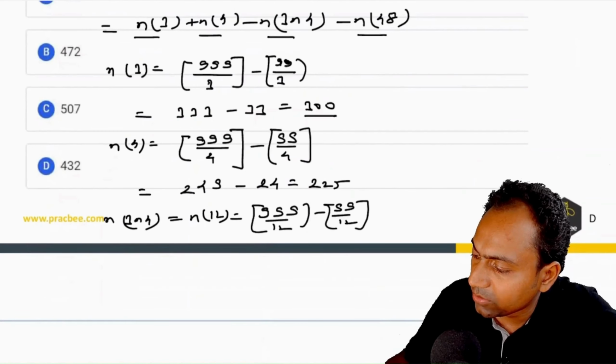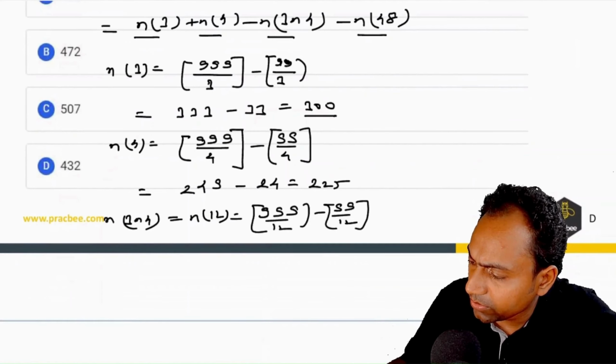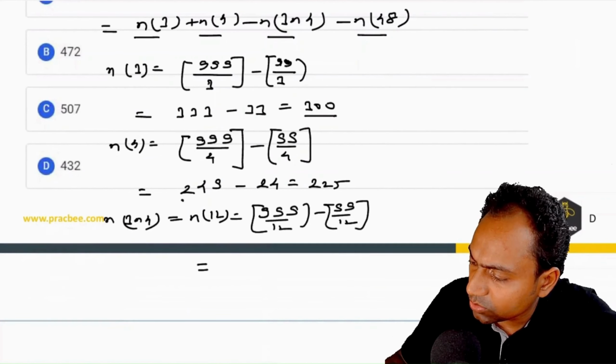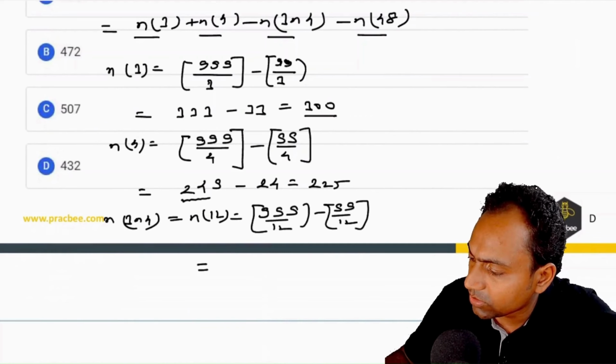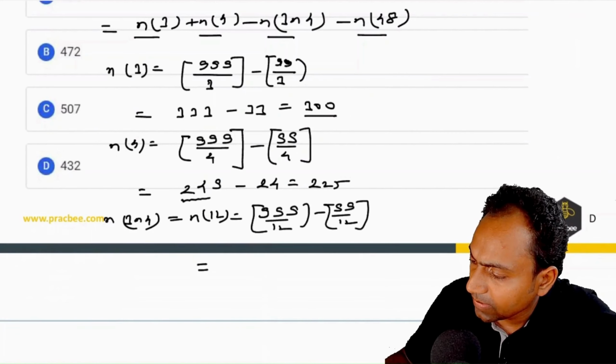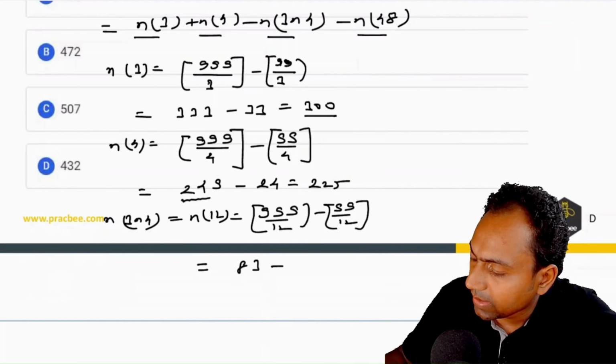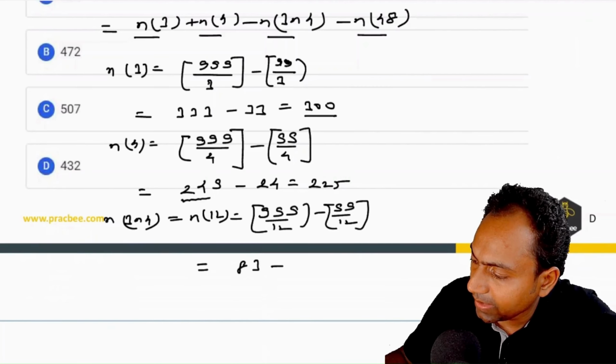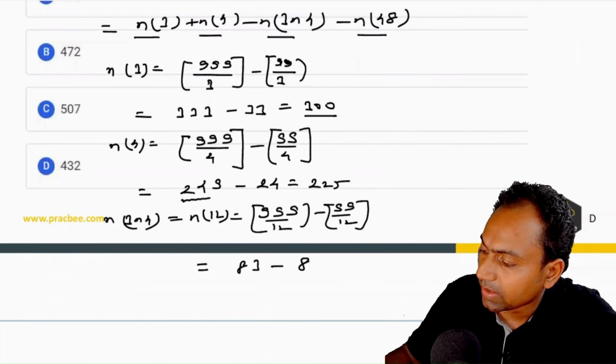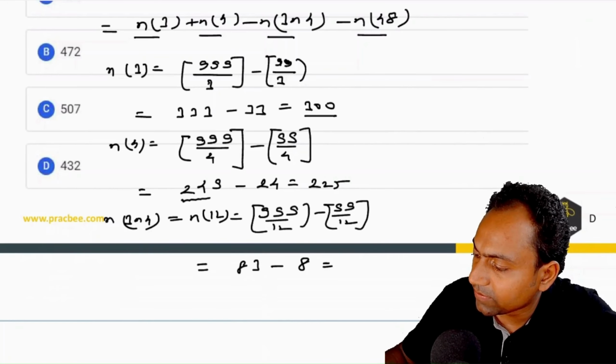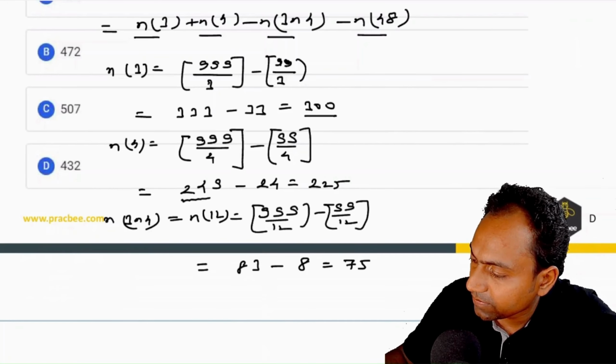Whatever we got earlier, this 249, if I divide by 3 more, it comes out to be 83. And the next part, if I divide 99 by 12, it comes out to be 8. If I simplify this, it will come out to be 75.